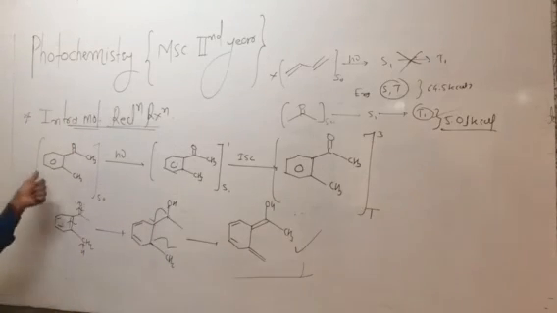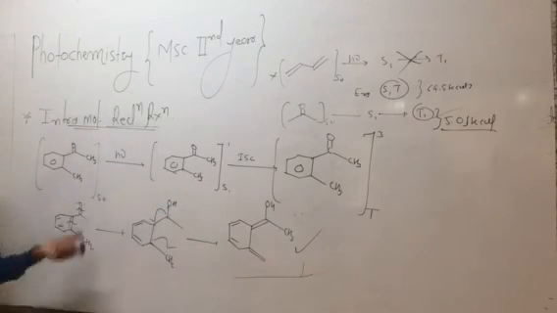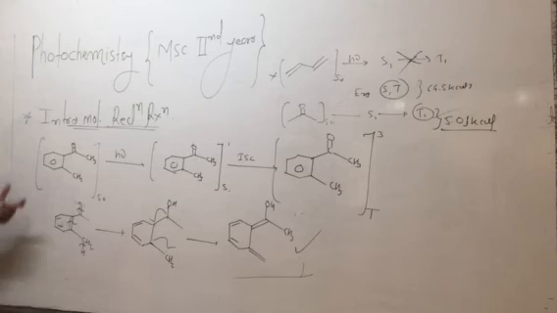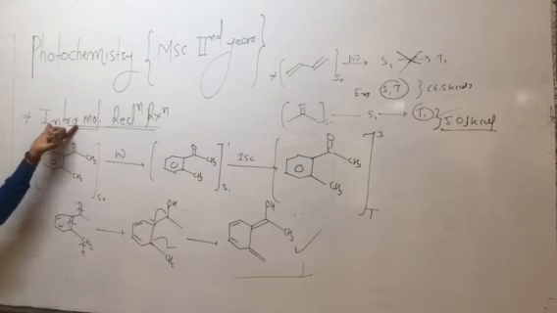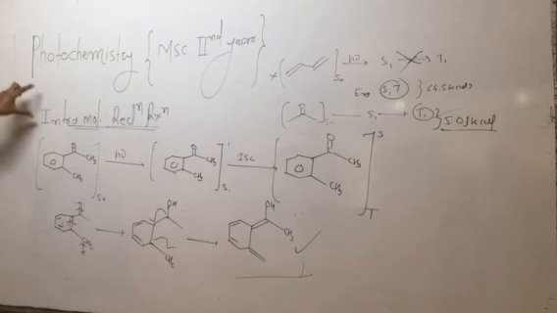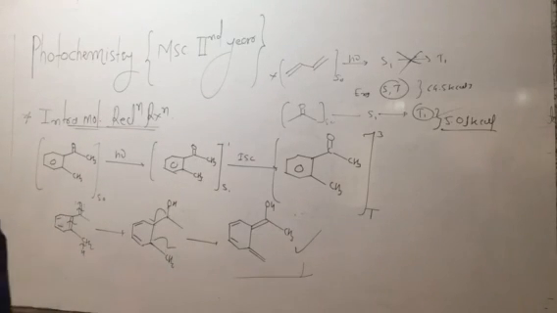Here a reduction takes place, the carbonyl compound is converted into OH. But how does the reduction take place? Within the molecule, so it is called intramolecular reduction. So this is the photo intramolecular reduction reaction. Here one reduction is completed.